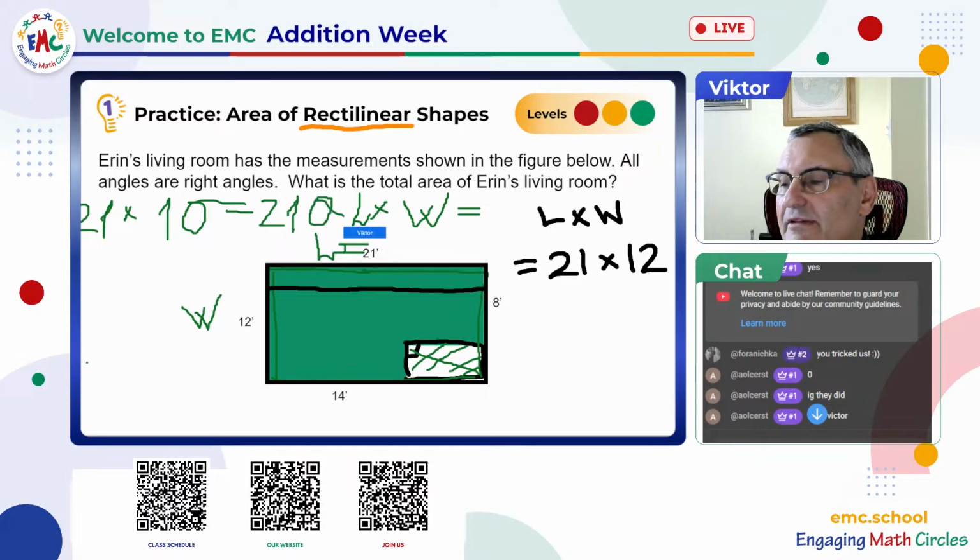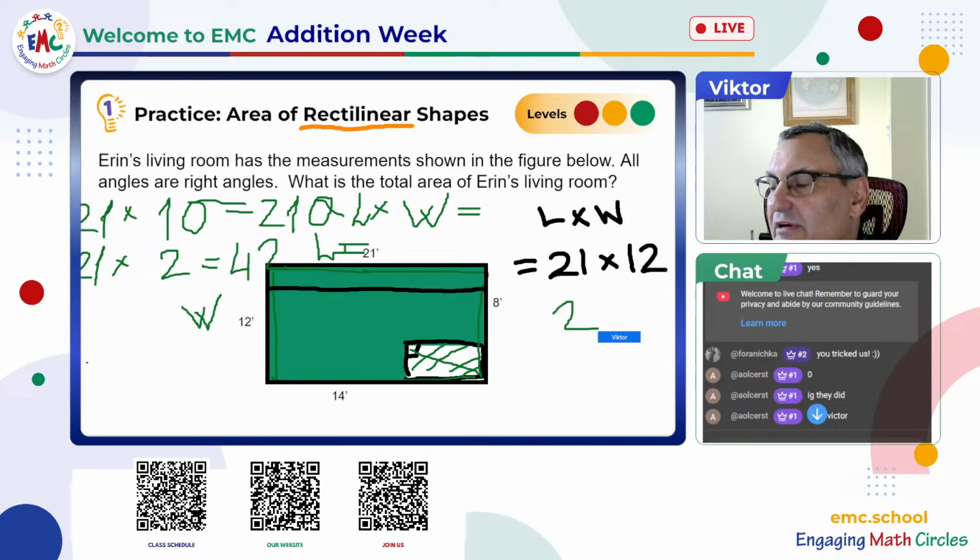So this is 210. And I believe that everybody can multiply 21 by 2, which is 21 plus 21, which is equal to 42, right? Therefore, our multiplication produces the result of 252.